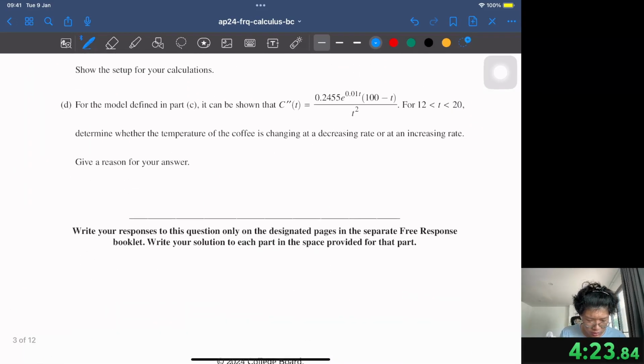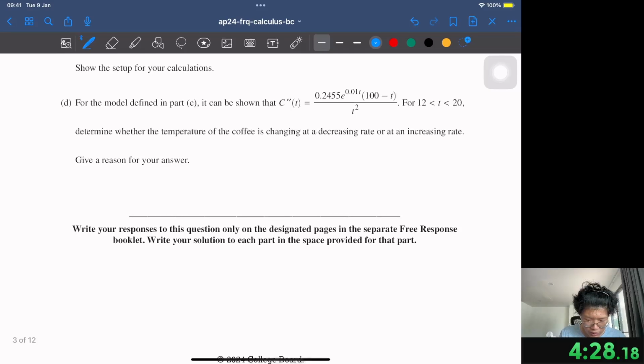And then D. So we have to find the range of the time where the temperature is changing at a slower rate or a faster rate.